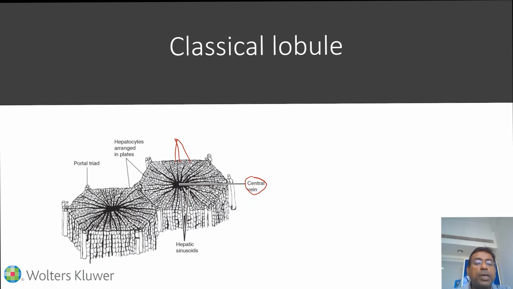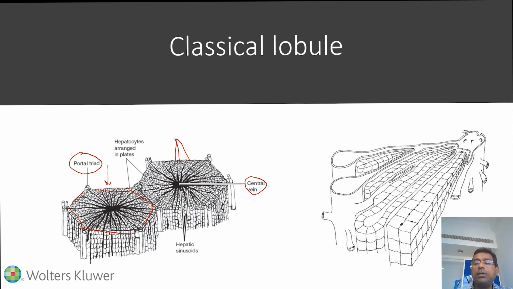These plates, as I mentioned earlier, are 1 or 2 cells thick, and you can see here the hexagonal unit. The parenchymal tissue is organized in a hexagonal structure known as the hepatic lobule or the classical lobule, and on each angle it has 3 tubular structures, the portal triad.